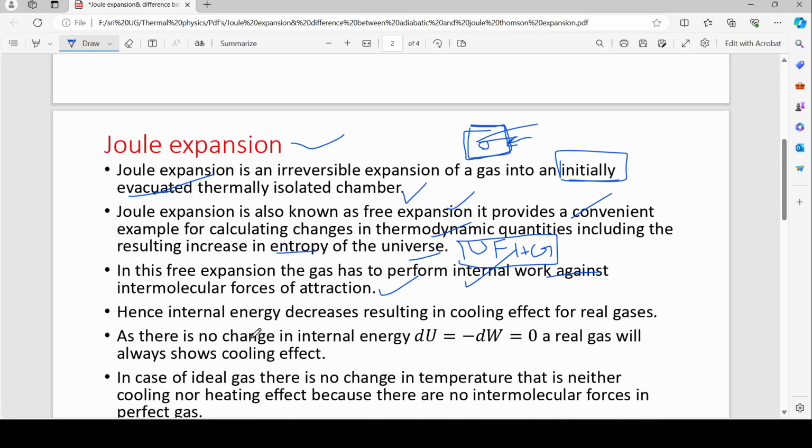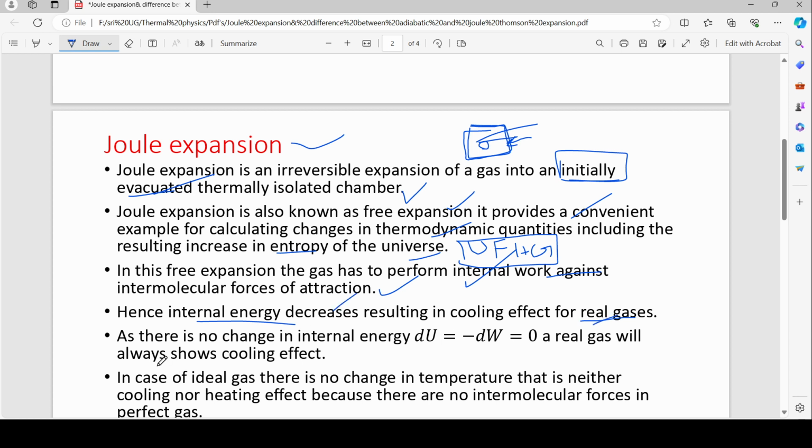Hence internal energy decreases, resulting in a cooling effect for real gases. Real gases means gases which cannot obey the gas laws. If they obey, that is a perfect gas or ideal gas. So here, what happens to the internal energy of a real gas?